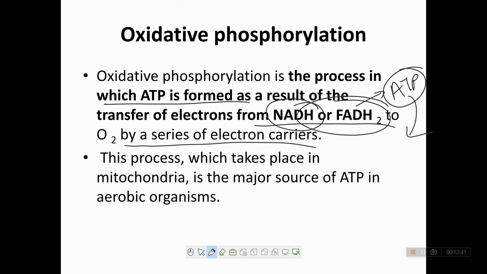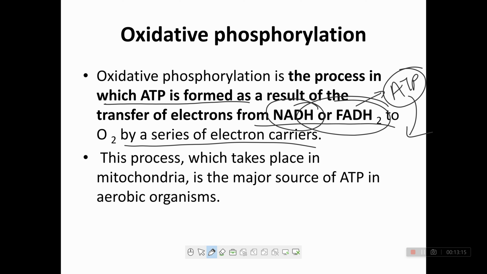The main purpose of oxidative phosphorylation is the formation of ATP from NADH and FADH2, because our body or microbes cannot utilize NADH and FADH2 directly. First, NADH and FADH2 are converted into ATP.